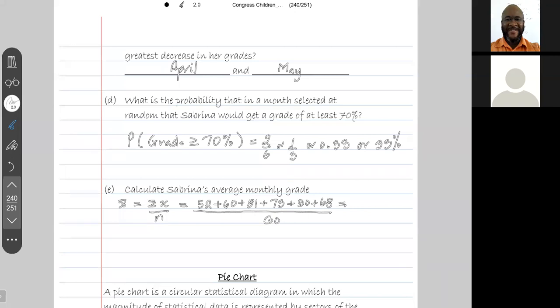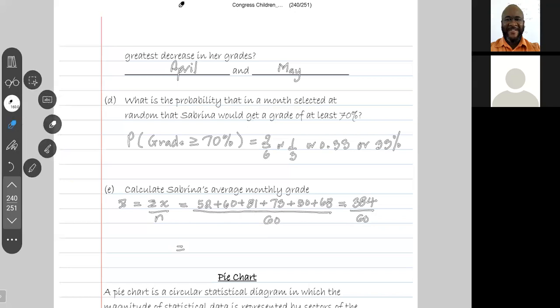When we add this up, we get 52 plus 60 plus 81 plus 73 plus 50 plus 68. So this is 384 divided by, sorry, it's not divided by 60, what's an error?